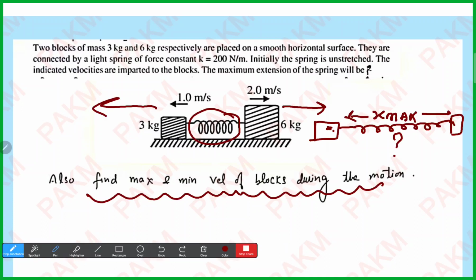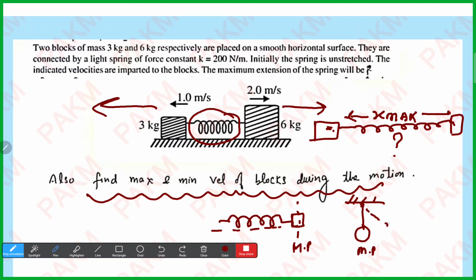So maximum and minimum. Once again, if I compare it to the spring-mass system, this is the mean position. When the block goes to the extreme position, the velocity is zero, and once again it returns back to the original position, where v will be max.